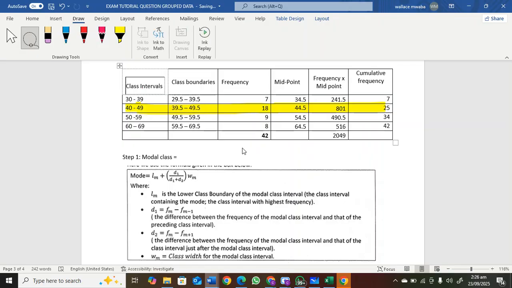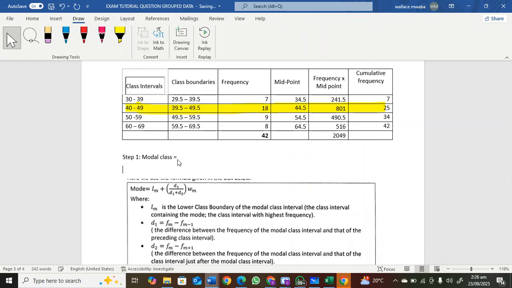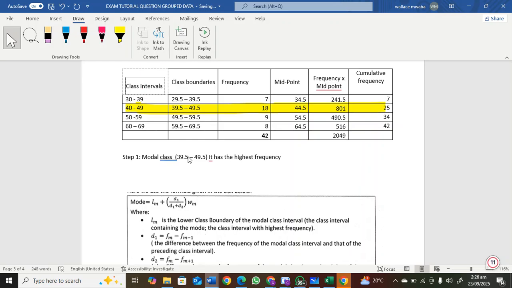Right, so the model class, 39.5 to 49.5, has the highest frequency.